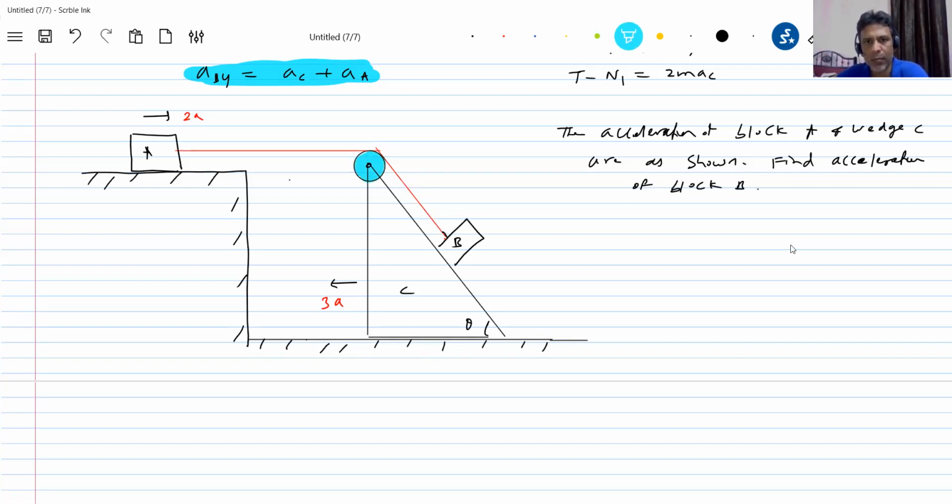So the string is massless. It's a light string. So the acceleration of B is 5A, sir. Check once, check once. Theta will not come. Theta should come, no?